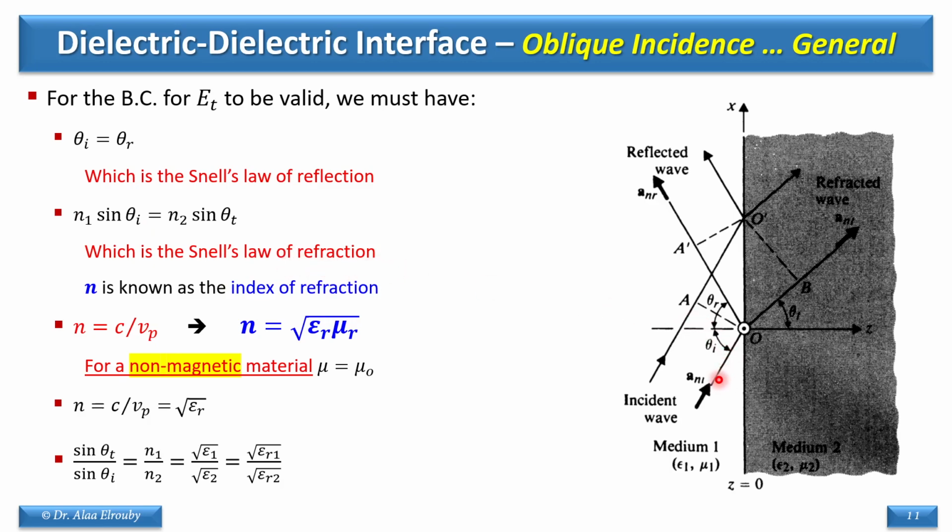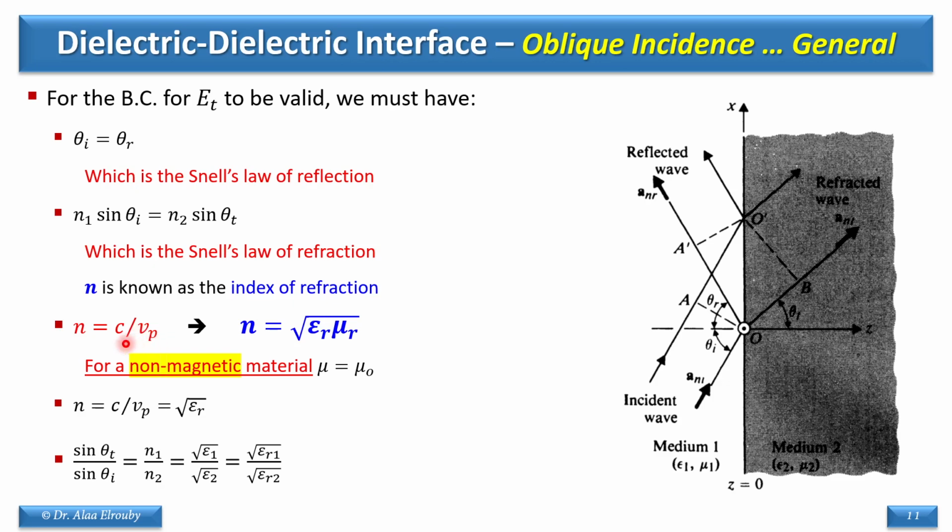Refraction is the expression for the wave that is transmitted from media 1 to media 2. We are saying the wave is reflected back in media 1 and refracted forward into media 2.